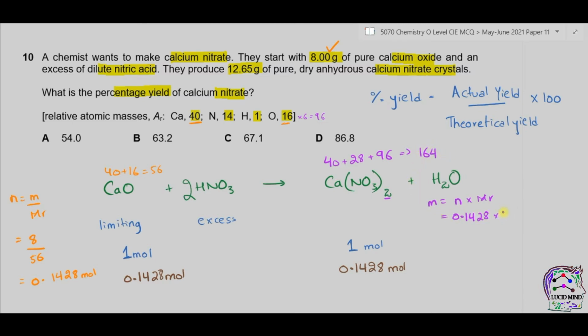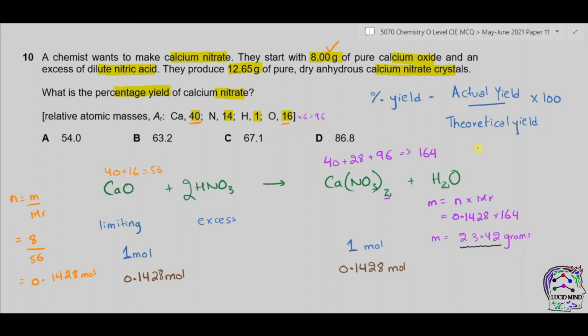So 0.1428 times 164. Now we have the mass in grams for calcium nitrate. It is 23.42 grams. Now this yield is calculated using the balanced equation, so this one is the theoretical yield.